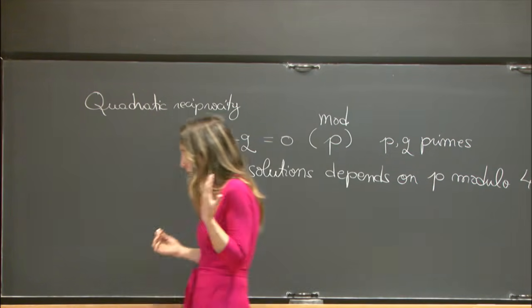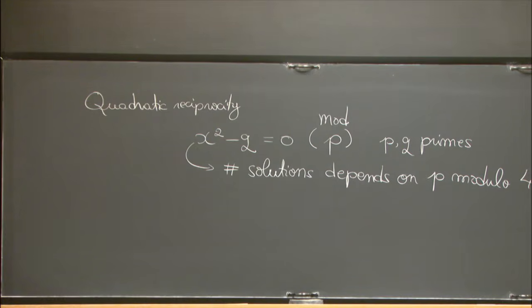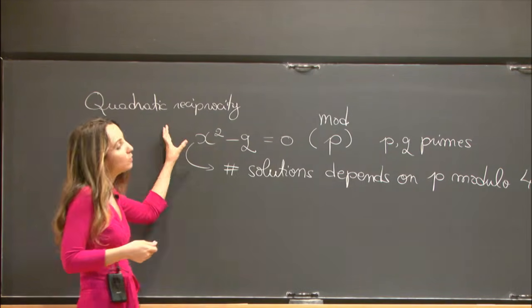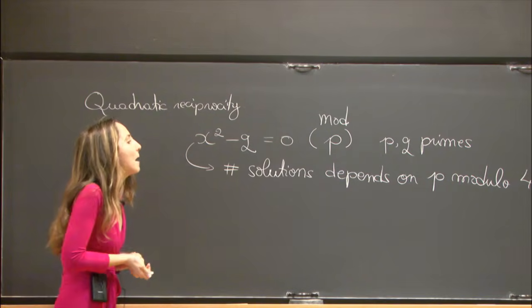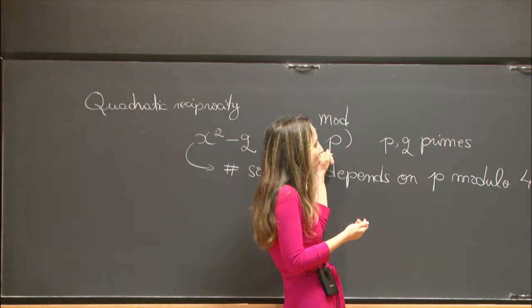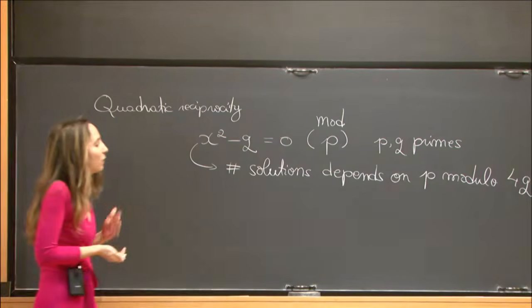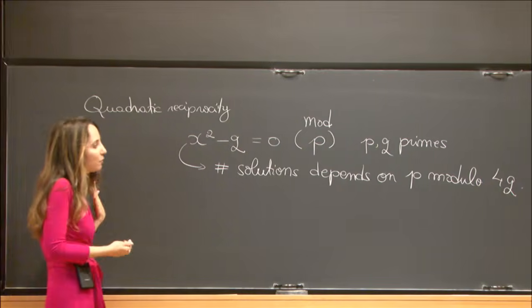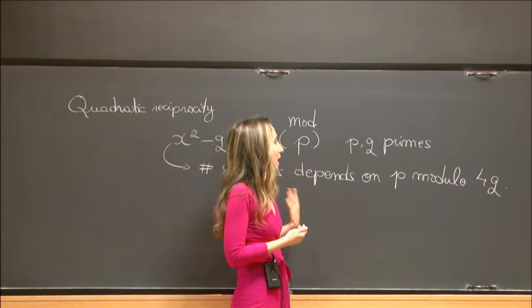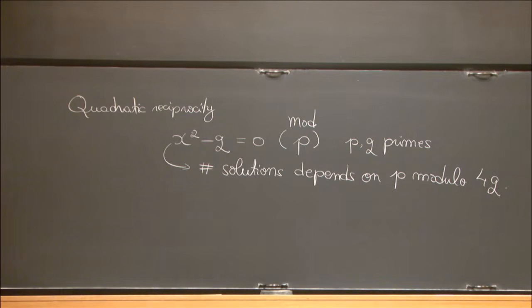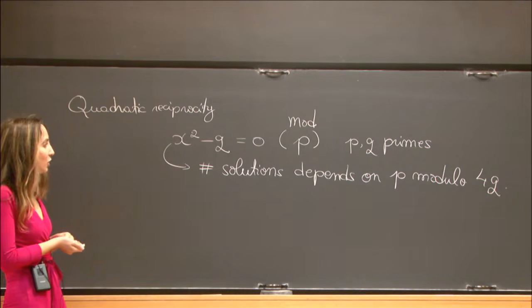So this is a very simple kind of reciprocity law that encodes the number of solutions to a quadratic equation in one variable. And the number of solutions modulo p as p varies is given by p modulo 4q. And this kind of reciprocity law was generalized in the first half of the 20th century, and that was known as class field theory. That was a very exciting achievement.